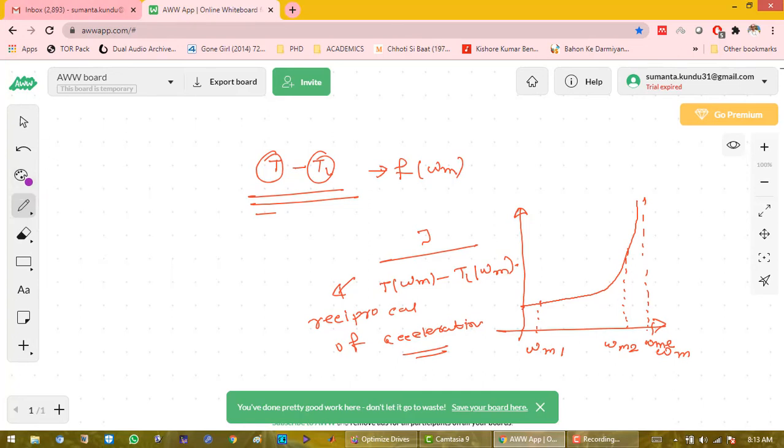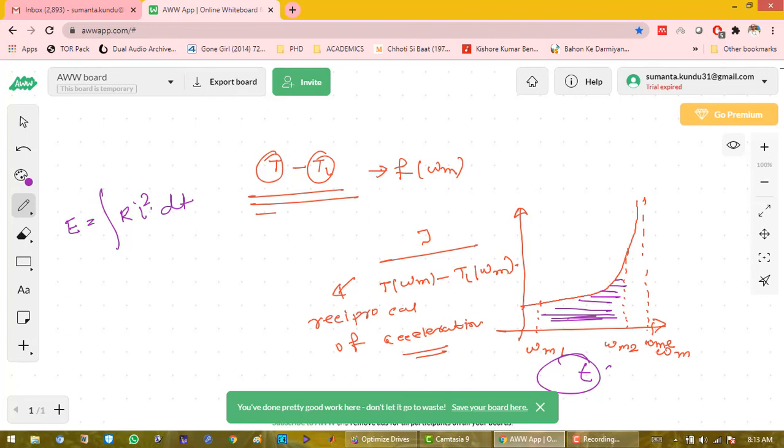I am not an artist, but I am trying to label it. So this shaded area is basically the transient time t. And the energy dissipation is nothing but E equals the integral of R i squared dt, where R is the motor winding resistance and I is the current through it.